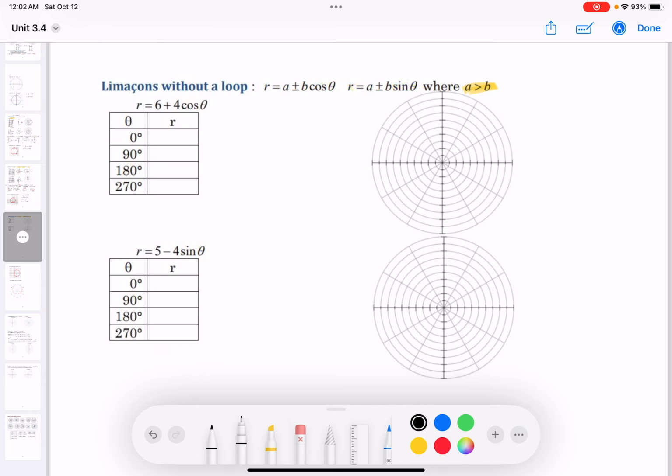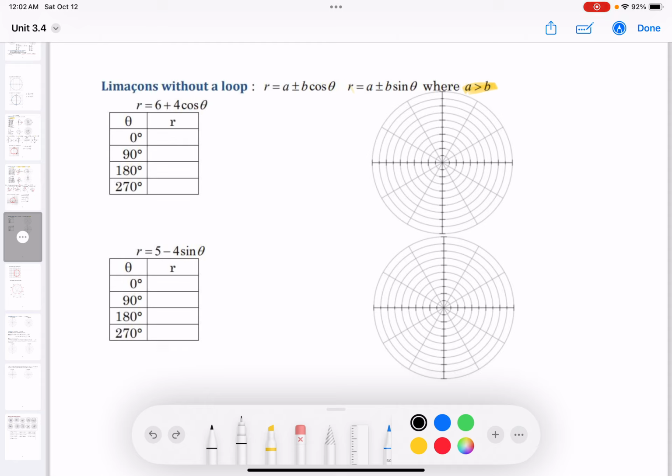let's see how to graph a dimple limaçon. We can plot some points. For this equation, r equals 6 plus 4 times cosine theta, this is a dimple limaçon, or limaçon without a loop, and it is on the cosine side. Cosine theta is on the x-axis and cosine is positive. I'm going to have a shape like this.